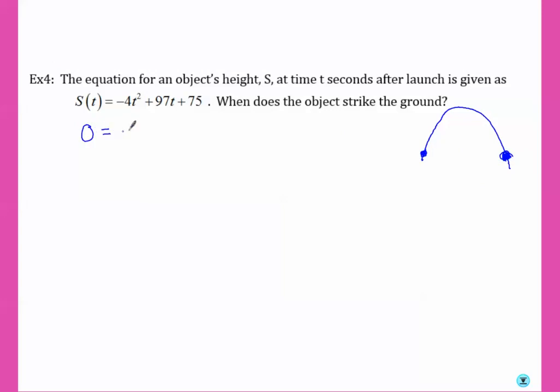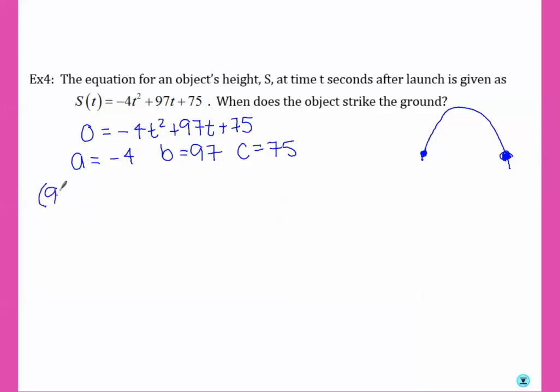So 0 equals negative 4t squared plus 97t plus 75. So now we know A is negative 4, B is 97, and C is 75. So let's find our discriminant. 97 squared minus 4 times A times C, and that gives us 10,609.